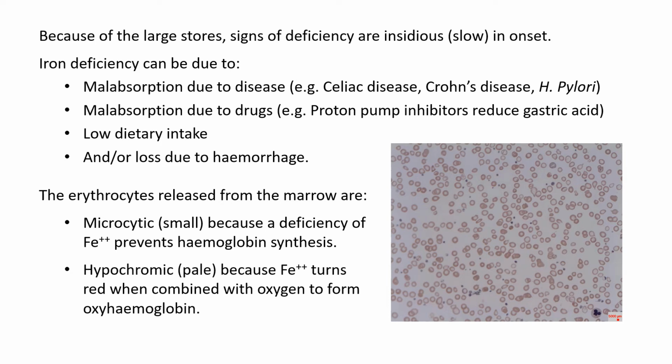They're also very pale because iron turns red when combined with oxygen to form oxyhemoglobin. And it gives oxygenated blood, arterial blood, that bright red colour. That colour is going to be subdued or lost to a certain extent if there is a deficiency of iron to bind the oxygen.